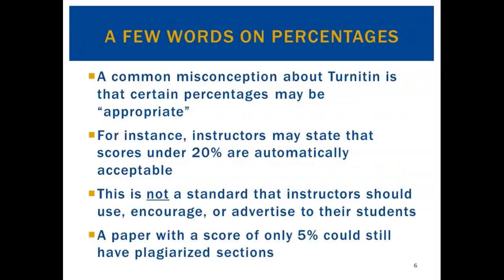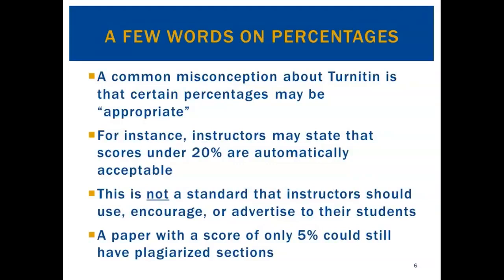So there are some misconceptions about this software product, Turnitin. One is that there's a certain percentage of matching that's appropriate, and this is not really true. Some instructors might say that your score should be under 20% as far as matches found, that percentage of the paper, but it really depends on the discipline.